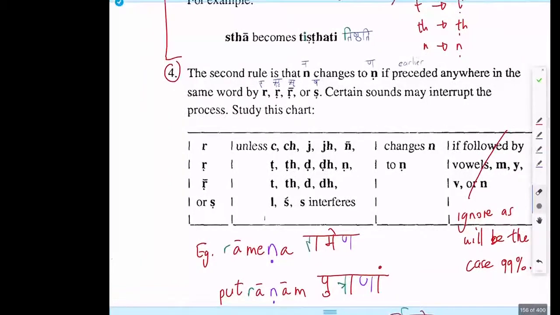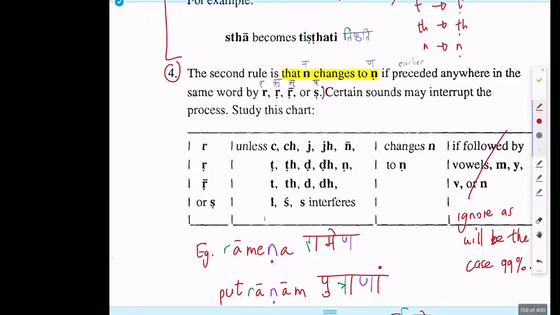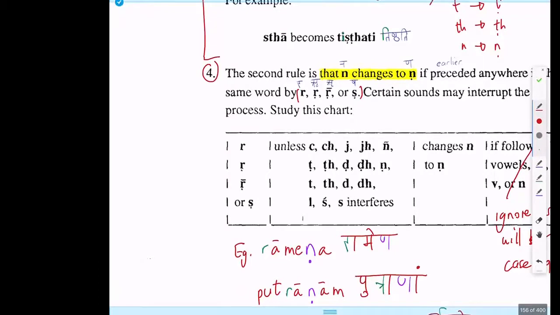Now, new headline, rule number 2. The n, the normal n, changes to a retroflex n if before the n comes any one of these letters. R, r, r, or sh. Remember when Swarna said, you know, the T for trap, how the T for trap keeps the n safe from retroflexing?